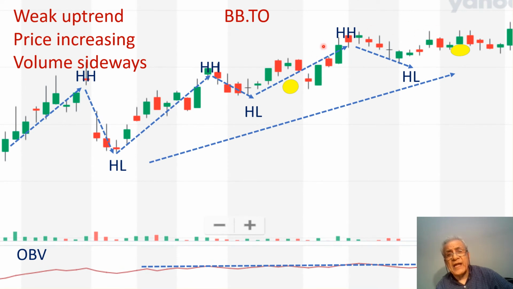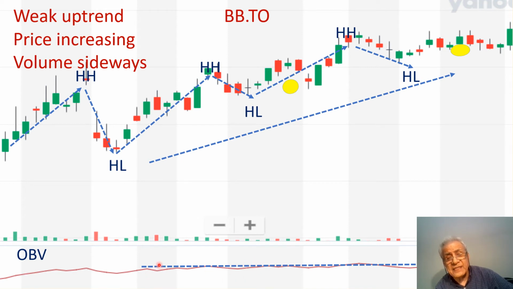This is Yahoo Finance, BB stock, H1 time frame. Now, in this situation, we have the price increasing. So the price is making higher high, higher low, higher high, higher low, and higher high. But the OBV, on balance volume curve, shows that the volume is sideways, on a straight line.